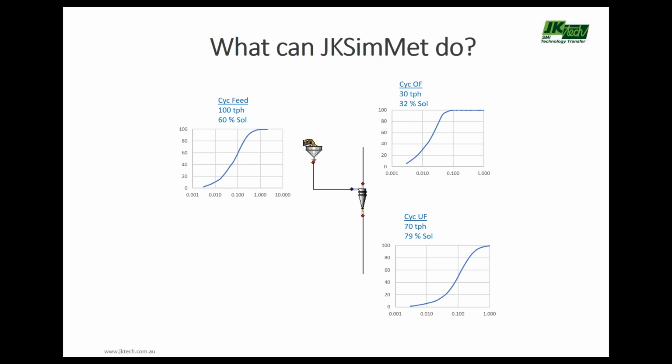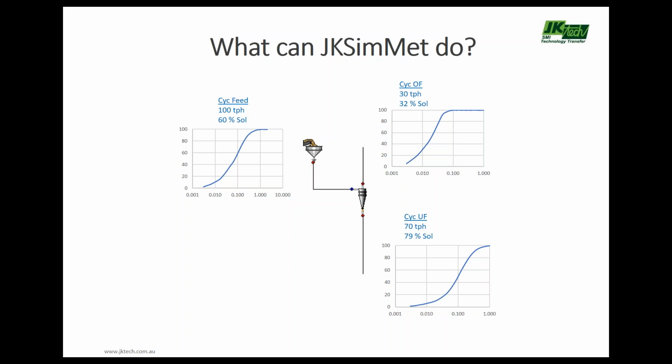This is how the circuit, or the particular piece of equipment, is performing. Once the models are calibrated, we can use the models to predict the process or equipment performance in terms of particle size distribution, solids tons per hour, and percent solids. The models will just predict the performance.